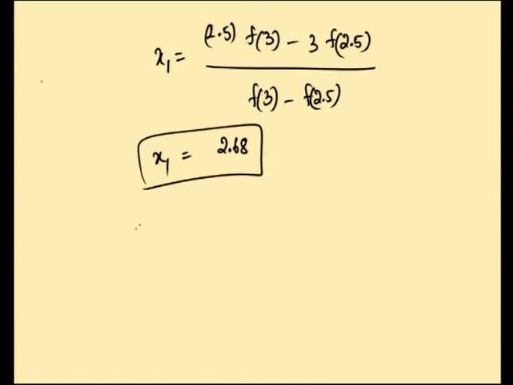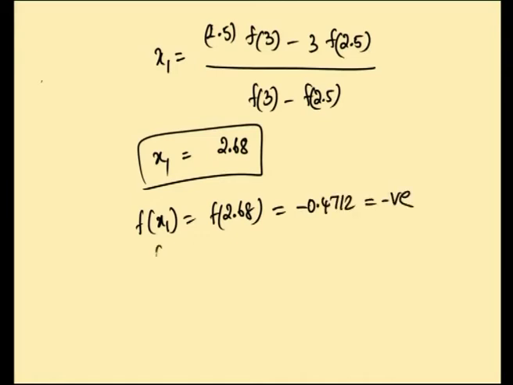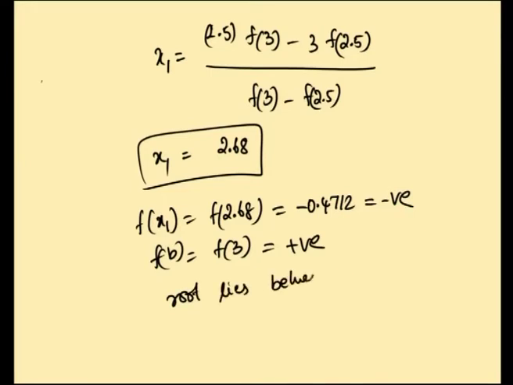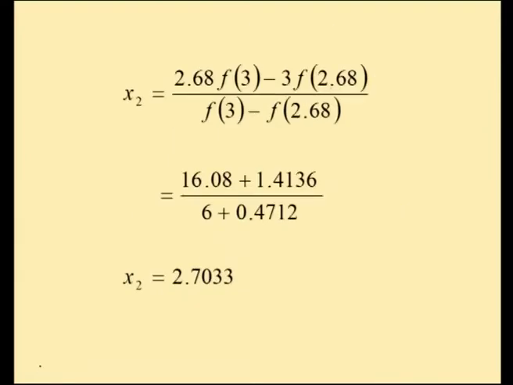So x1 is 2.68 and f of 2.68 comes to be equal to minus 0.4712, which is negative, and already f of b, that is f of 3, is positive. So the root lies between 2.68 and 3.